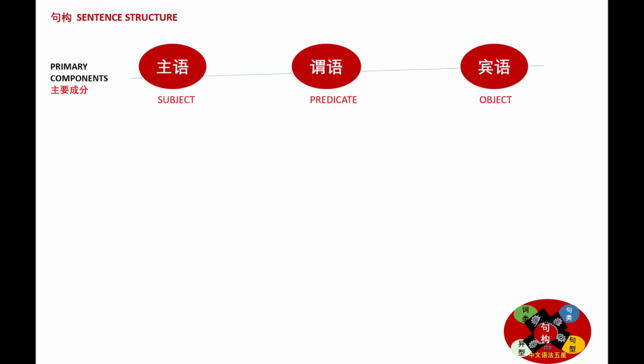Chinese sentences have primary components: 主语, subject, 谓语, predicate, 宾语, object. Well, not so strange to English speakers, right?